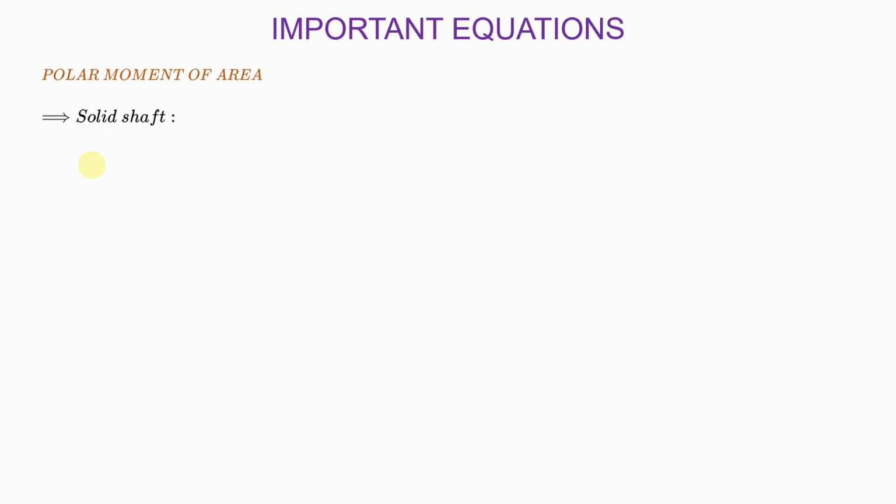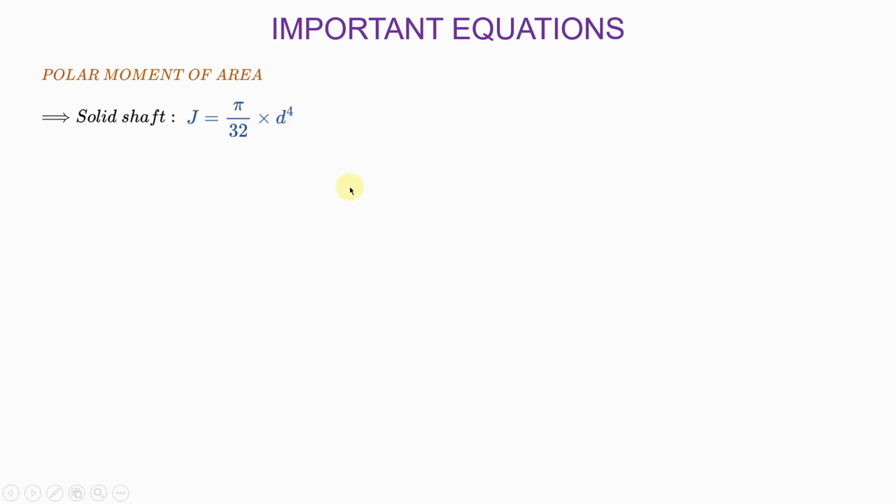If you have a solid shaft, then the equation is given by this. What I mean by a solid shaft is a shaft that is not hollow. It's full. When you have a solid shaft, the polar moment of area is found using this equation.